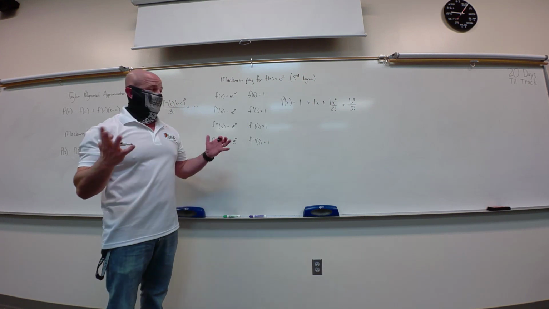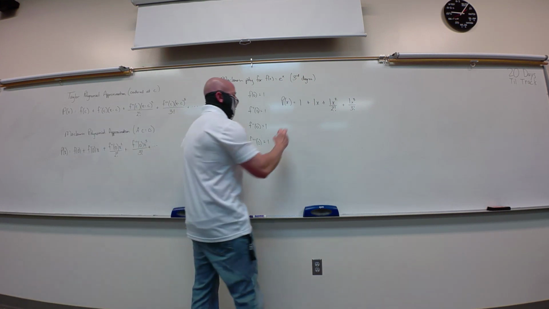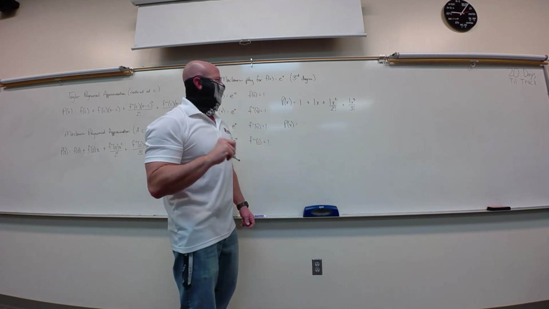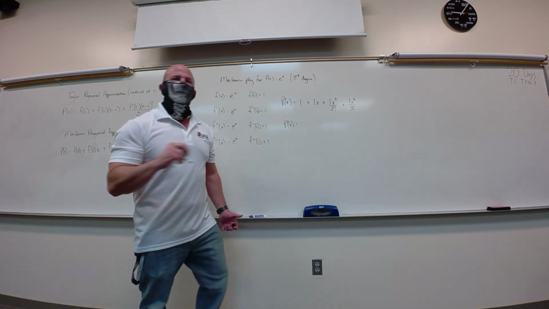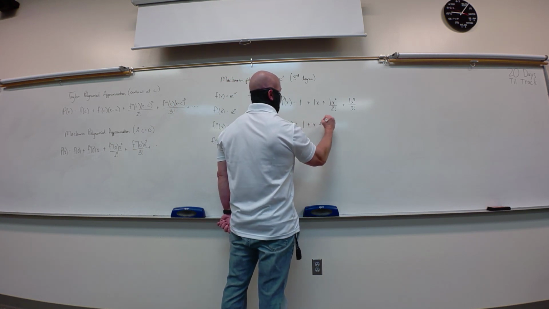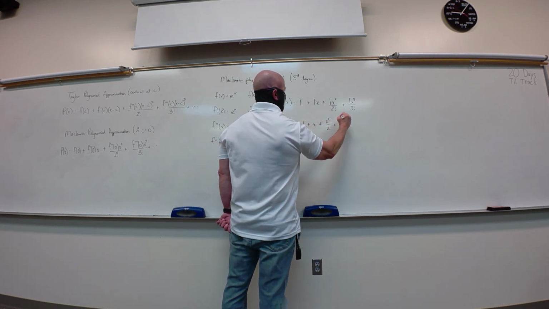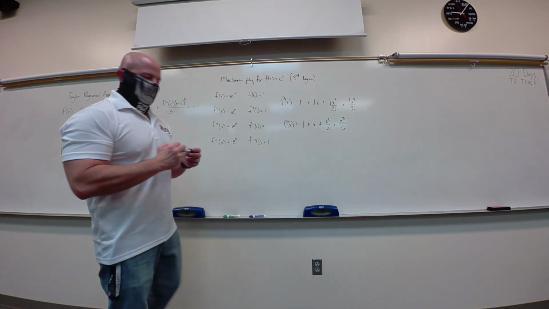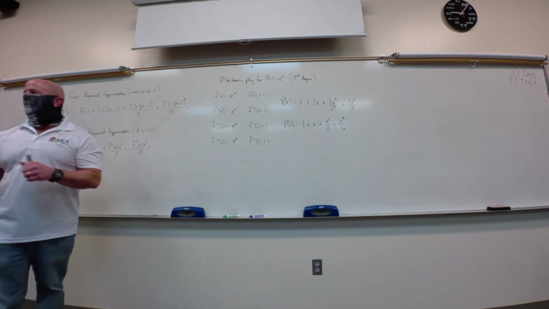And again, this is fine. You can leave it like this, but typically what you'll see, if you look at an answer key, a lot of the ones, of course, are going to be gone, and usually the factorials are worked out. So 1 plus x plus x squared over 2 plus x cubed over 6. Again, you can leave the factorials in. That's up to you.